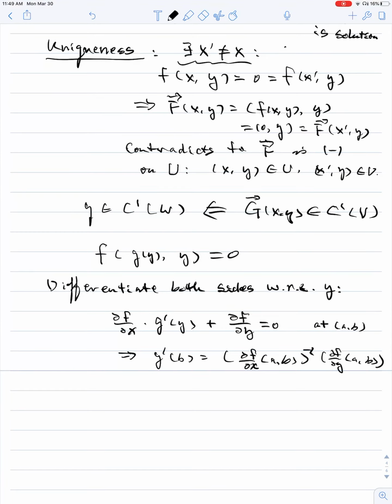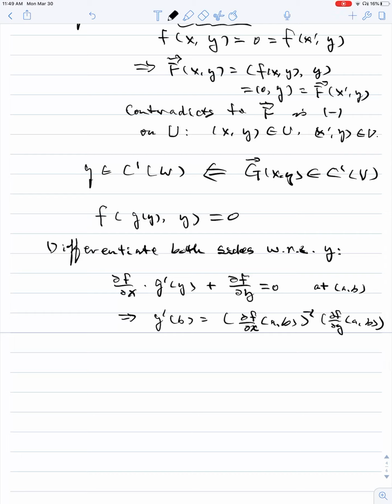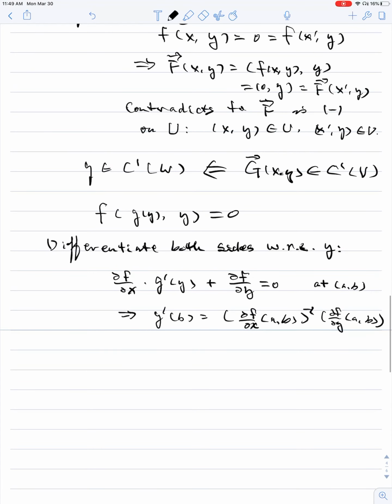Now, we can state this implicit function theorem in higher dimension as well. In order to state the theorem in higher dimension, we first introduce some notation.